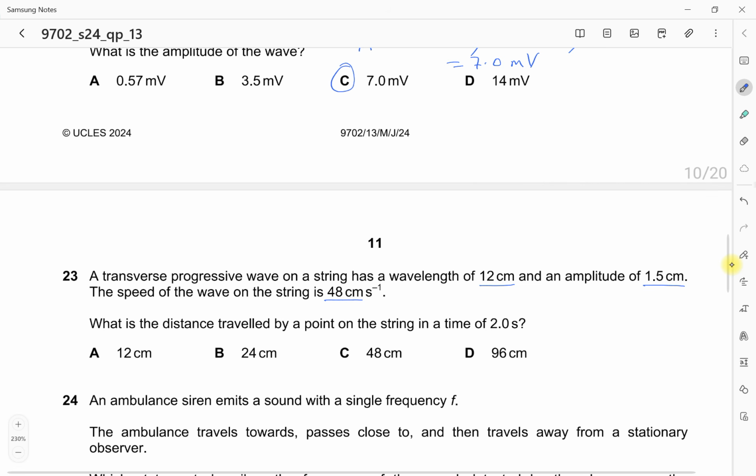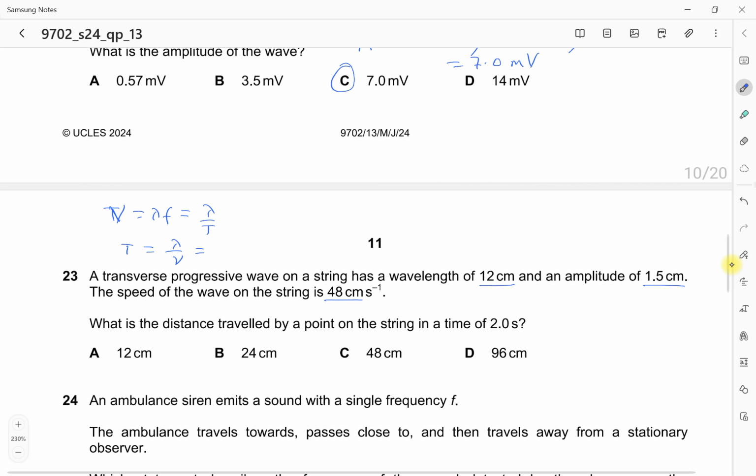So first of all, let's find the period first. From v equals lambda times f, which is the same as lambda divided by T, it means that the period is going to be wavelength divided by v.